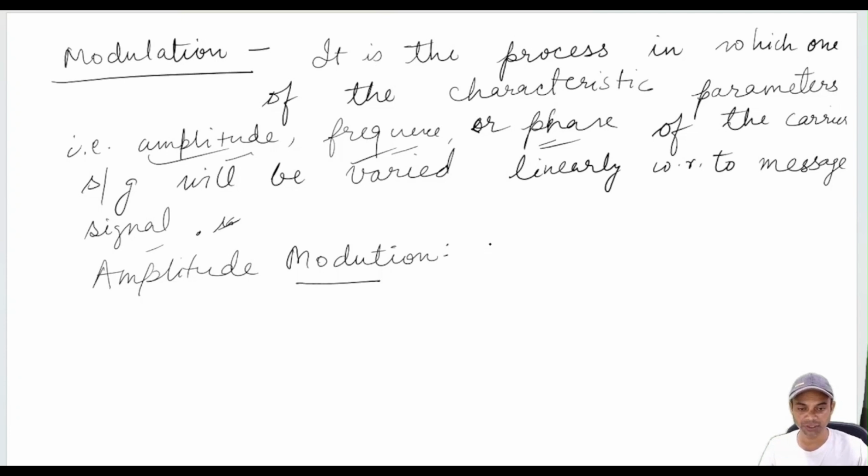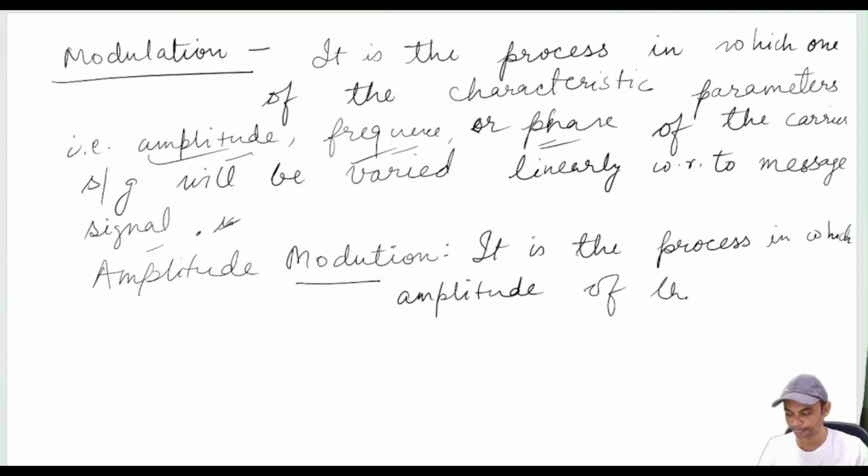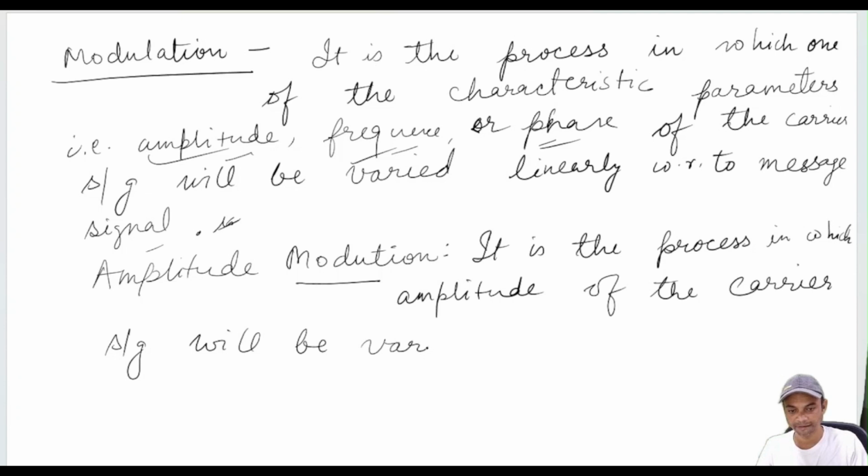In the definition we can write, it is the process in which the amplitude of the carrier signal will be varied linearly with respect to the message signal.